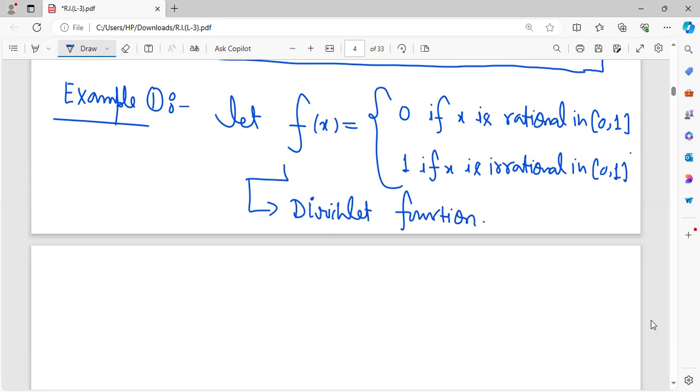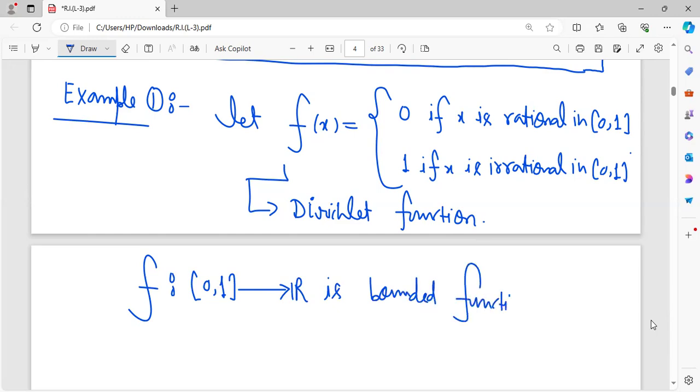Okay. And f from the closed interval [0, 1] to R is a bounded function, because its minimum value is 0 and its maximum value is 1.